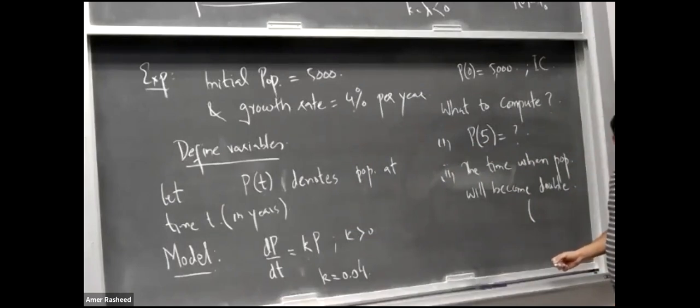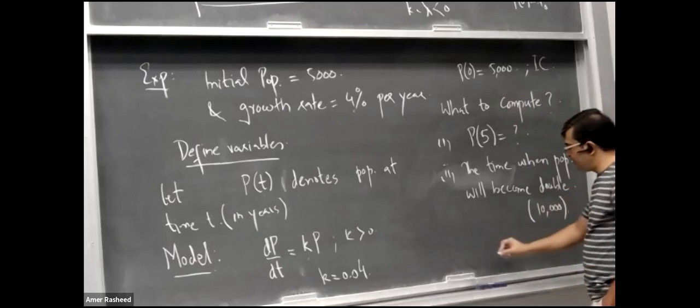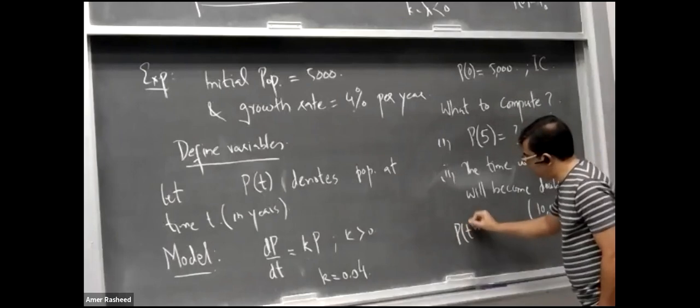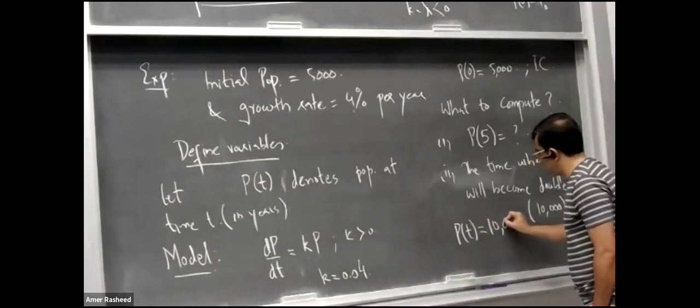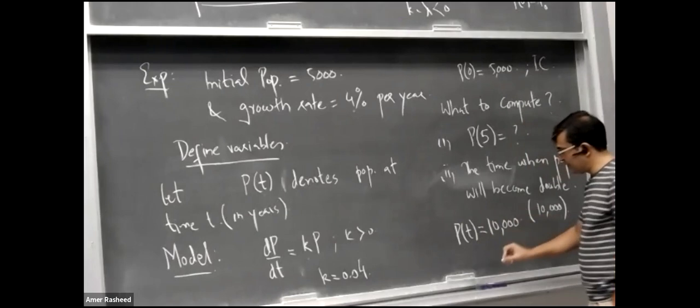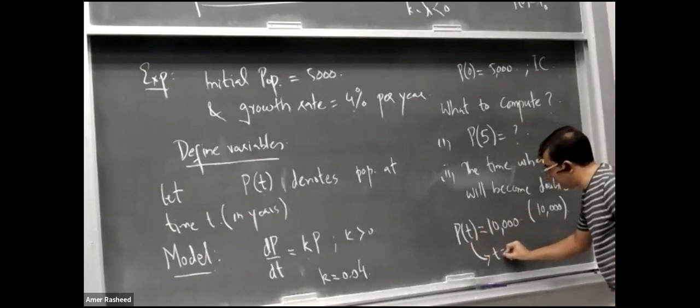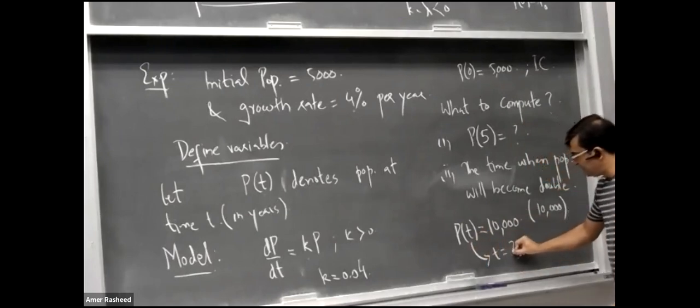Double of what? Double of initial. So it should be 10,000. We have P of T equal to 10,000, and we have to compute T.